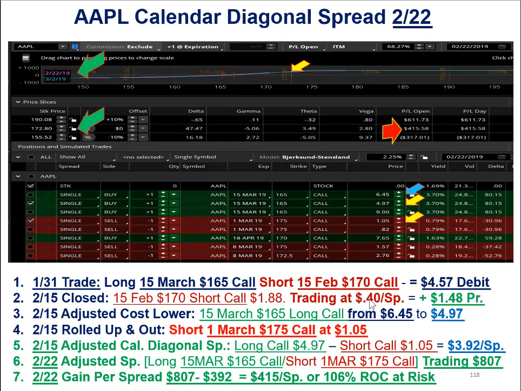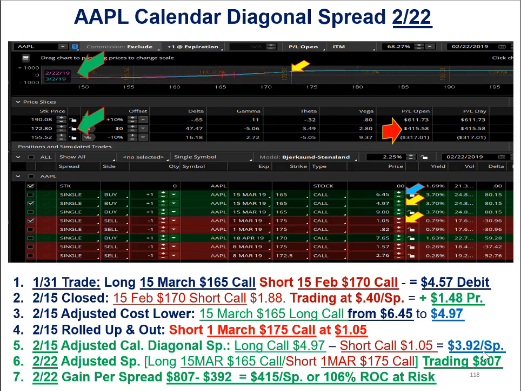The original trade had the short 15 Feb 170; now we rolled up to the next option series and the next strike price, 175. Our adjusted cost of 497 minus that 105 gives an adjusted spread cost of $392 per spread.